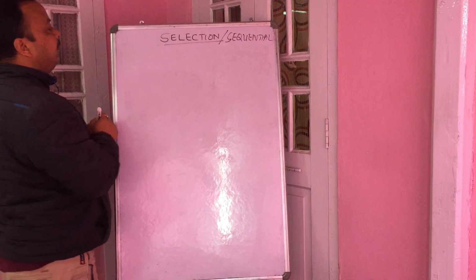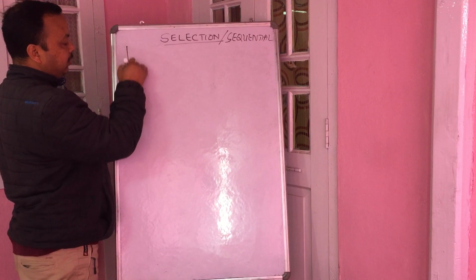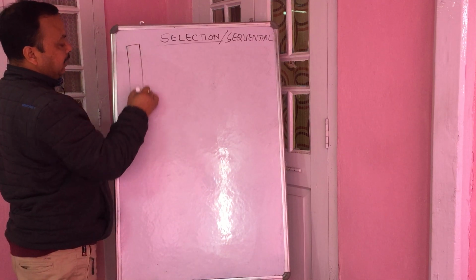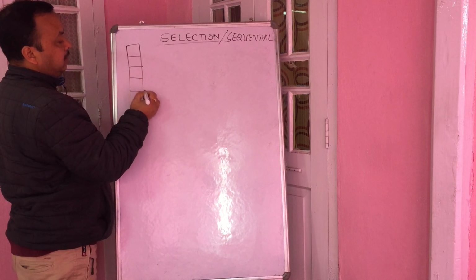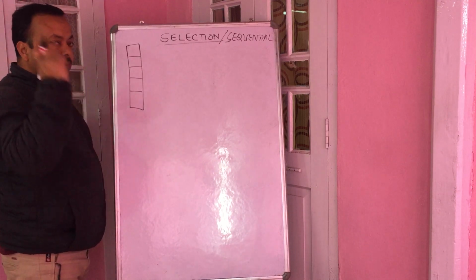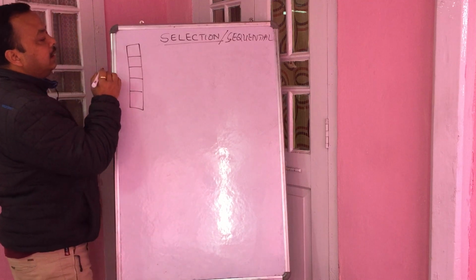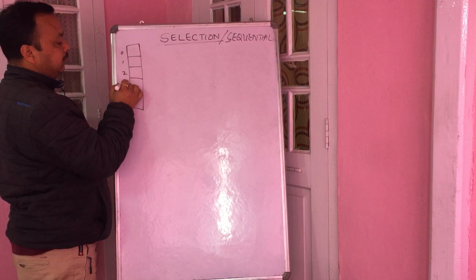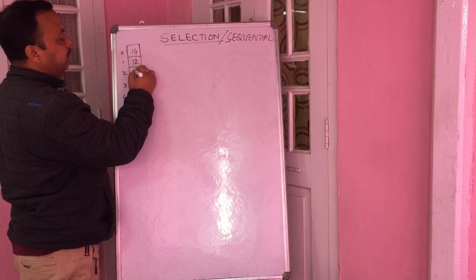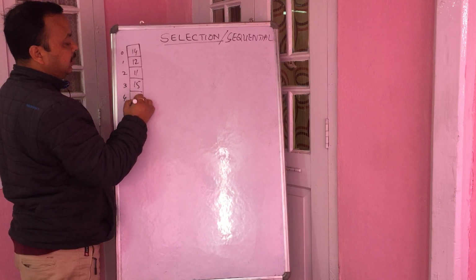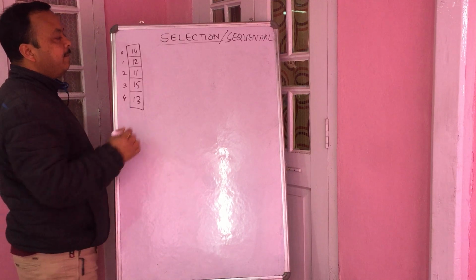Before writing the program, I am once again drawing the array here. And remember what I said, the total number of passes needs to be kept in mind. What did we write here? 14, 12, 11, 15, 13. Say these are the elements.